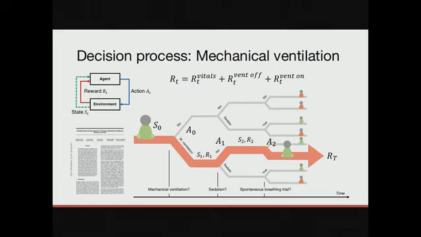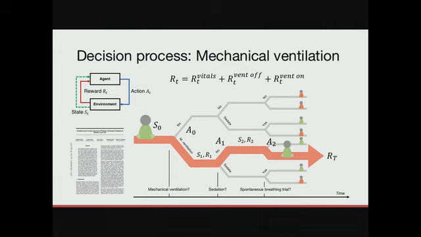Okay, to make this all a bit more concrete, I'll return to the picture that I showed you before, but now put it in context of the paper that you read, right? Was that the compulsory one, the mechanical ventilation? Okay, great. So in this case, they had an interesting reward structure, essentially. The thing that they were trying to optimize was a reward related to the vitals of the patient, but also to whether they were kept on mechanical ventilation or not.